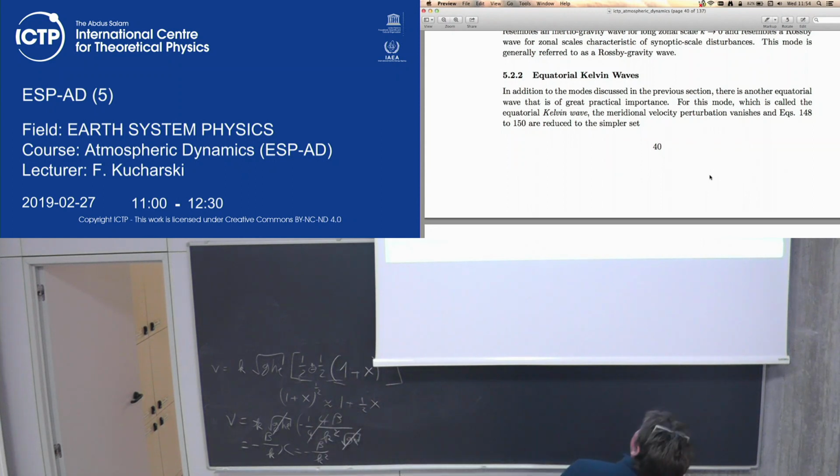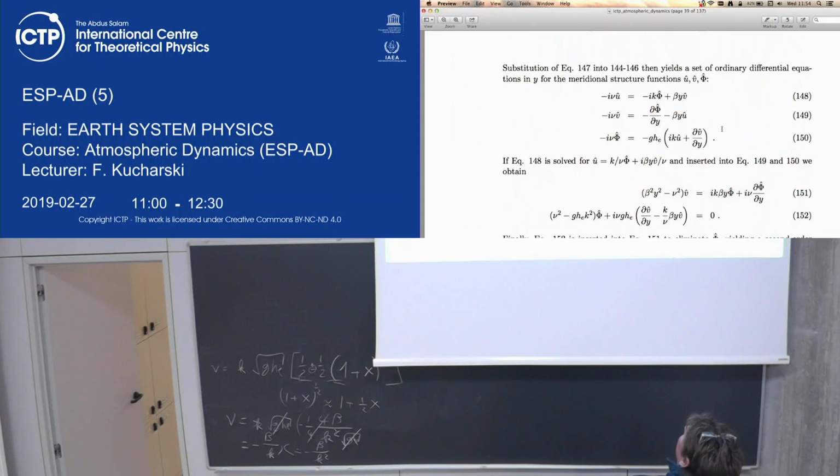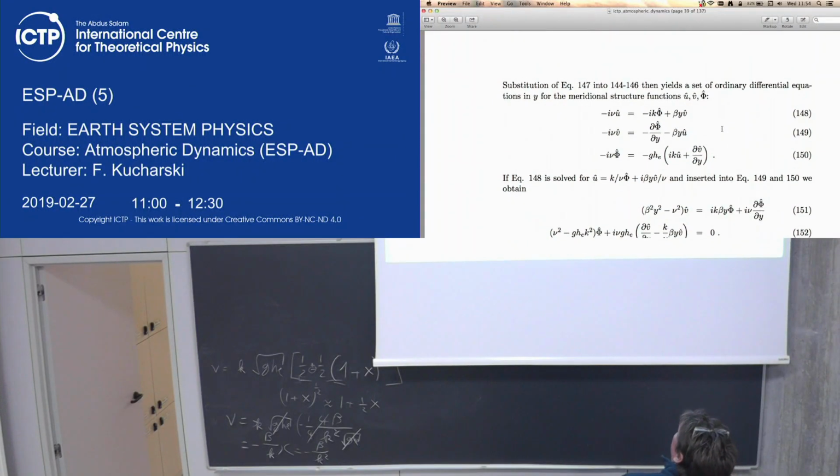And that gives a solution actually. If we go back to our original perturbation equations, that cancels out this term, that cancels out this term, and that cancels out this term. So we remain with a simpler set of equations now.